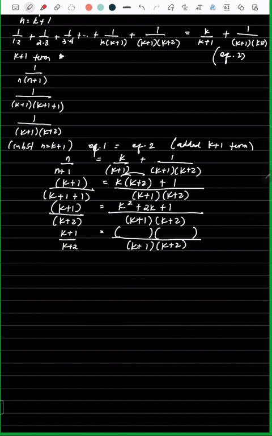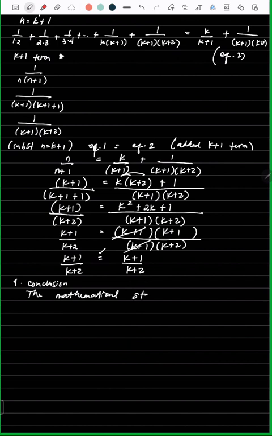Again, how are you going to factor, isn't it? If you're going to factor, there are two grouping symbols. If you remember the FOIL method, you can also use that. But normally for factoring, it is a trial and error method. So the factors of k squared plus 2k plus 1 would be k plus 1, k plus 1. Since k plus 1 is present on both numerator and denominator, we can already cancel it out. So that would be equivalent to k plus 1 over k plus 2.